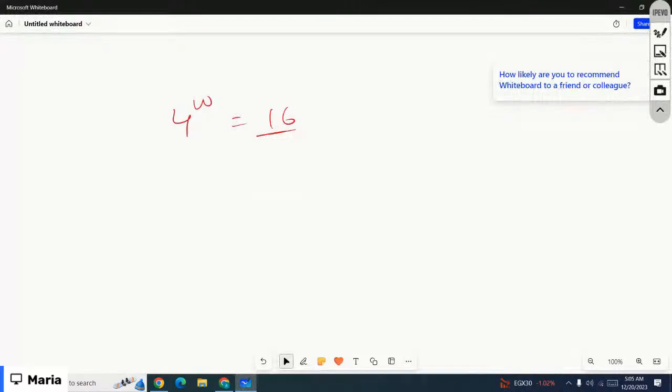So how do you write 16 in the exponent form? You can write 16 as 4 times 4, right? And you can write it as 4 square.